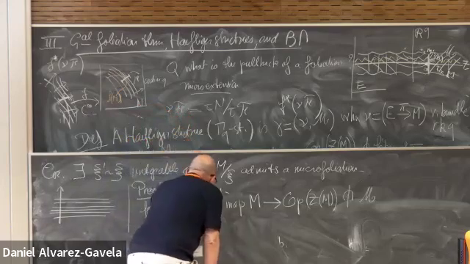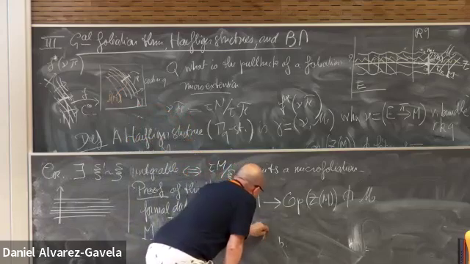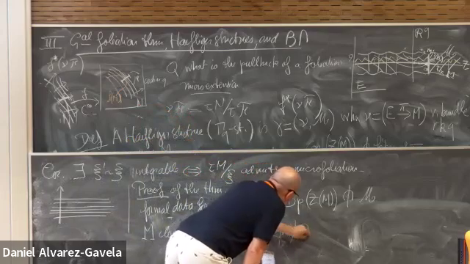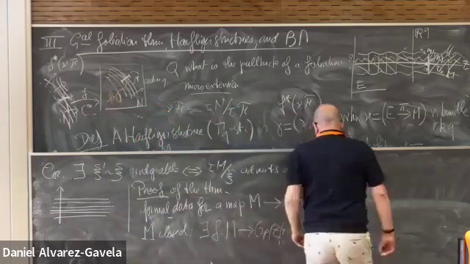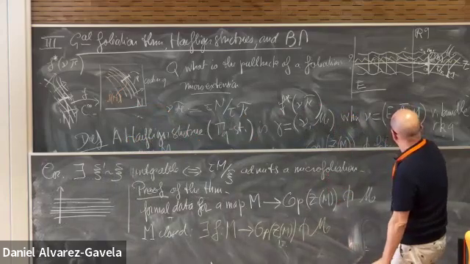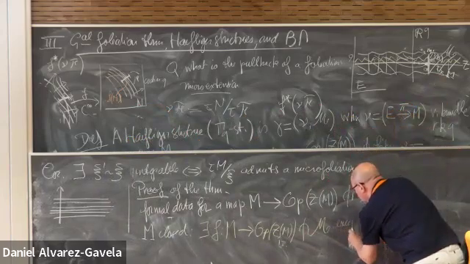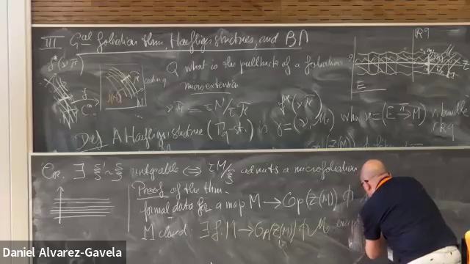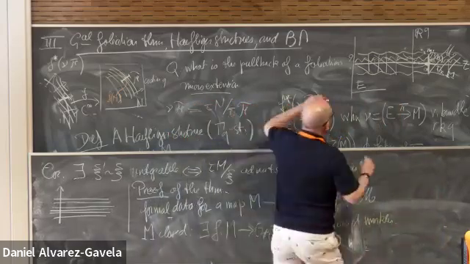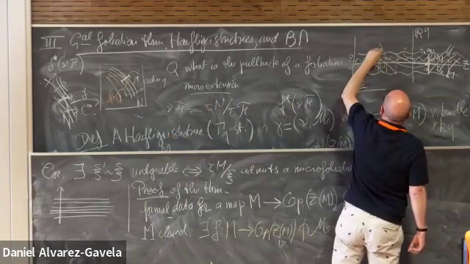So you get a map which is in most places transverse to the microfoliation, except for some wrinkles. But if I zoom on such a thing, I see a wrinkle.